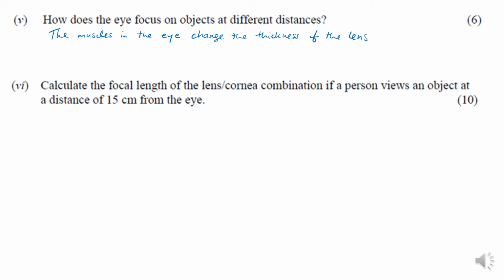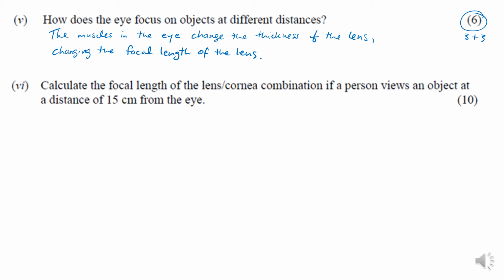Now there are 6 marks going for this, so I'm guessing it's 3 plus 3. They usually come in bundles of 3, and so for that reason I think we need another piece of information. So we said that the thickness of the lens changes, and this then is changing the focal length. So I think we should mention focal length of the lens. Okay.